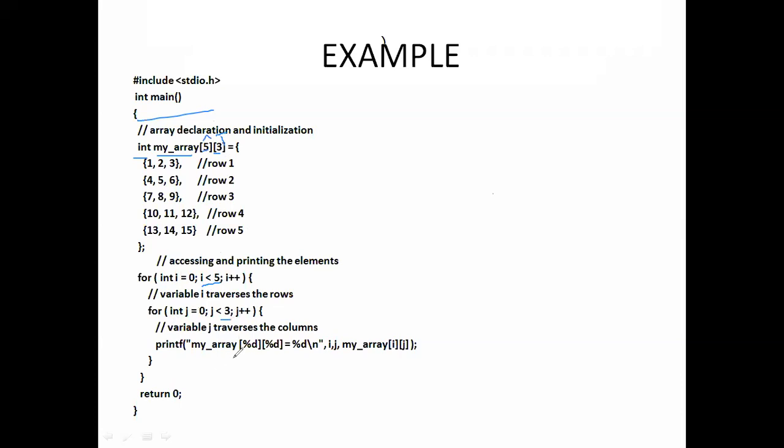So printf of percentage d, i comma j and myArray of i comma j. Here the percentage d means first we initialize i value as 0 and j value as 0.